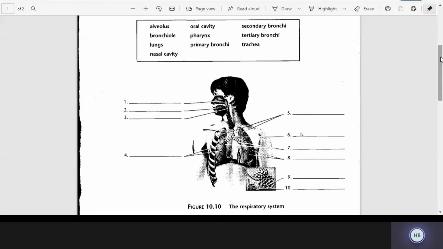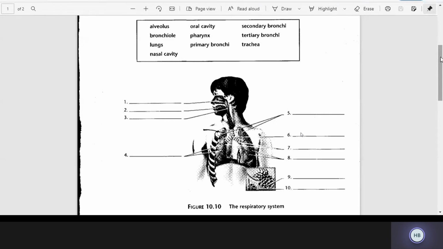Okay, class, so the right order. When you put these parts in the right order, remember trachea. Downward from the trachea we have primary bronchi, right? Primary bronchi branch into smaller bronchi, which are called secondary bronchi, right?